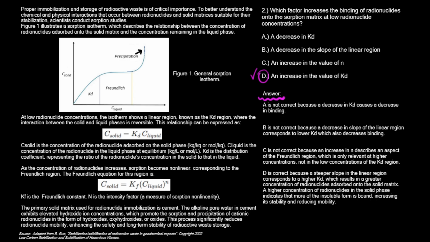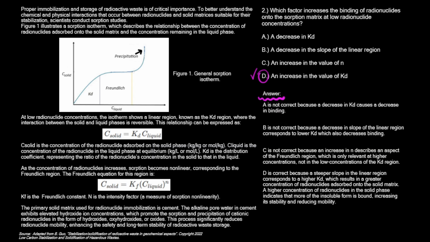in the passage. C solid is equal to Kd times C liquid. If you rearrange this equation, you will get Kd is equal to C solid divided by C liquid. Here, the Kd, or the distribution coefficient, represents the sorption ability of radionuclides for the solid matrix.